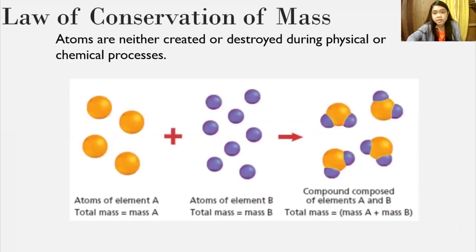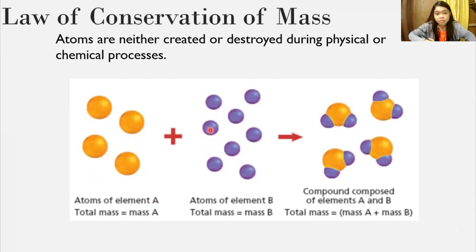So to illustrate, here we have atoms of element A. To understand the law of conservation of mass, the total mass present here is only the total mass of the atoms that constitute the element A. So you cannot find other mass here aside from the element A that is mentioned here.